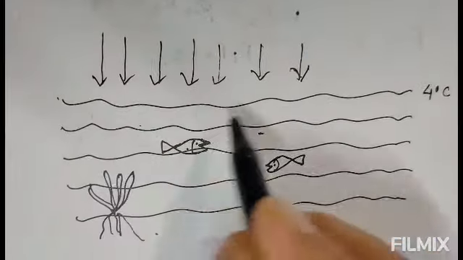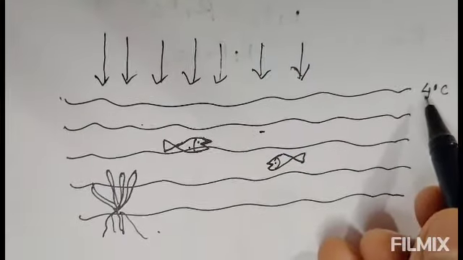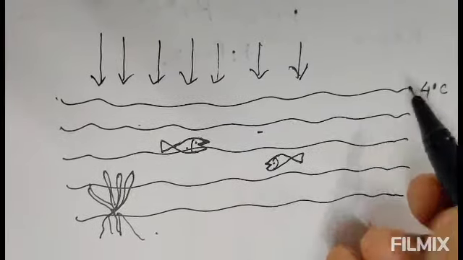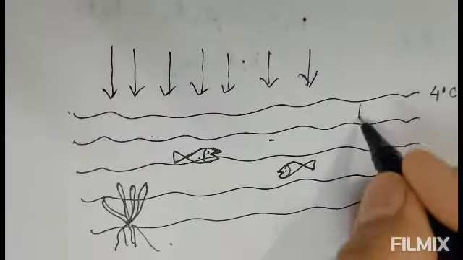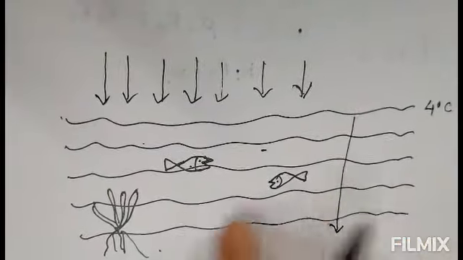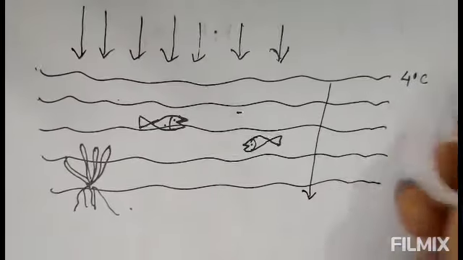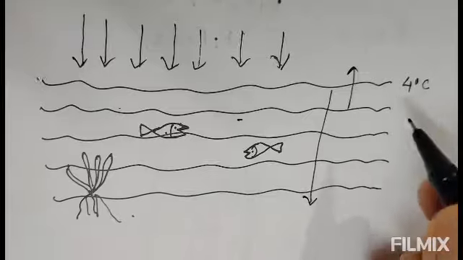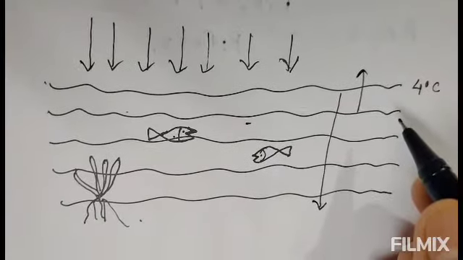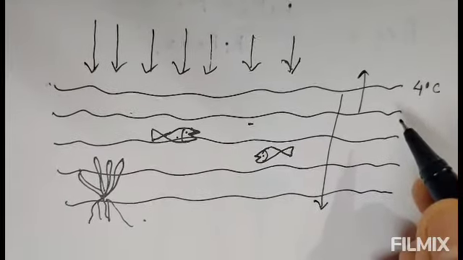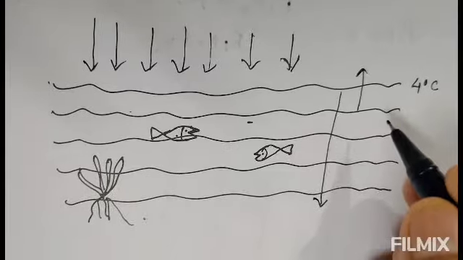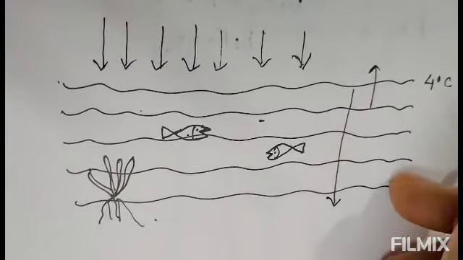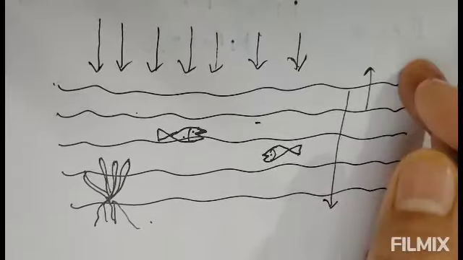This top layer will have the maximum density, so it will sink down, and the layer below, which is at higher temperature but lower density, will come up. The water near the surface loses energy to the atmosphere, becomes denser and sinks. The warmer, less dense water near the bottom rises up.